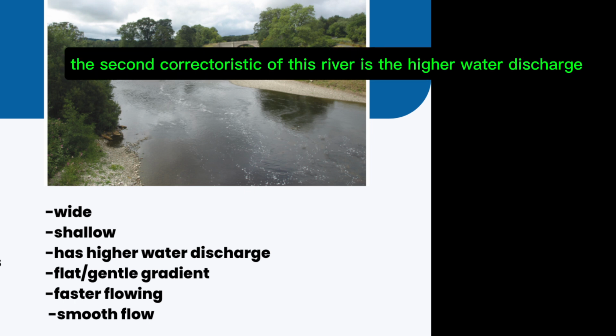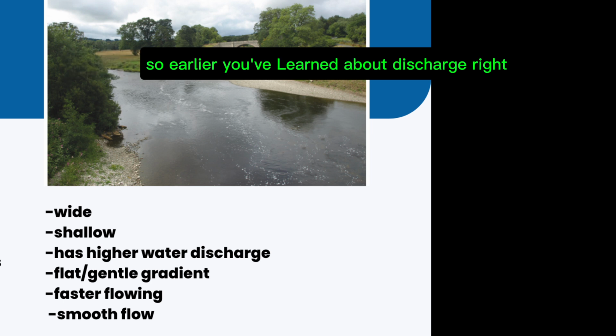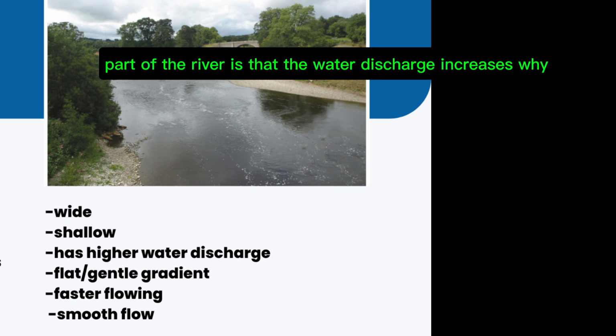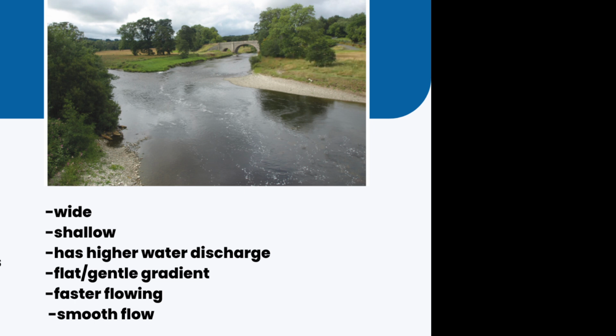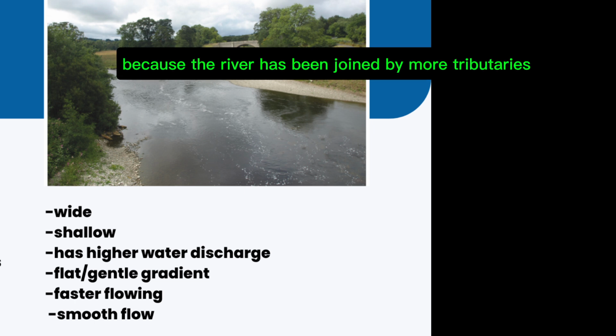The second characteristic of this river is the higher water discharge. So earlier you've learned about discharge, right? The volume of the water. So in this part of the river the water discharge increases. Why? Because the river has been joined by more tributaries.